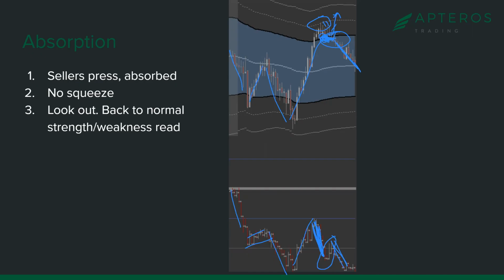Now, I think this is a good time to point out that when you see absorption, absorption, absorption, absorption, and it's lasting for hours, just forget it. It's not going to help you. The market is just being passively driven that day.